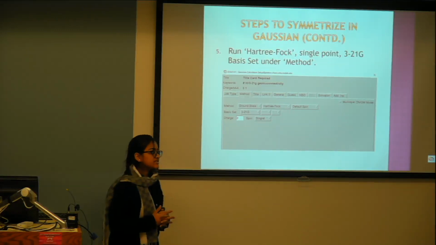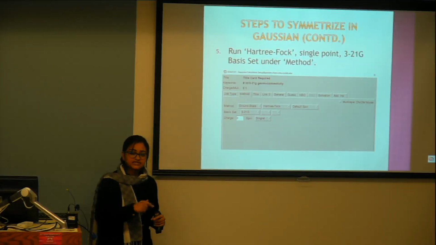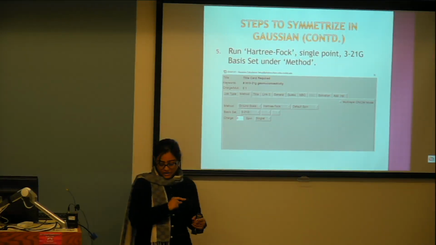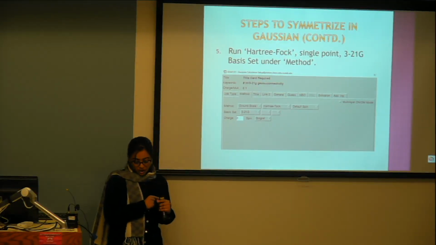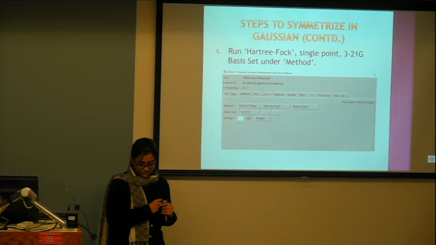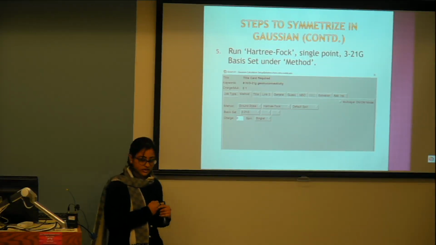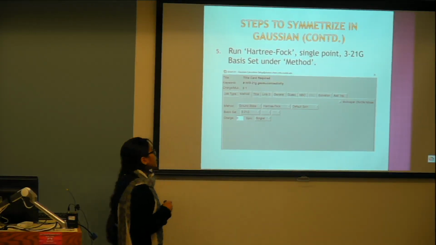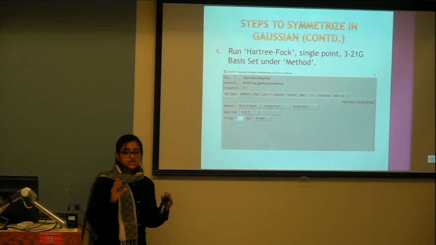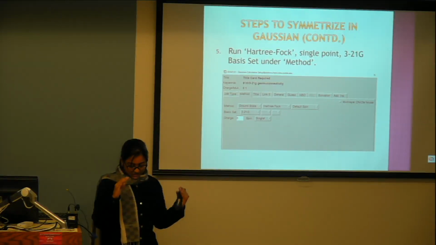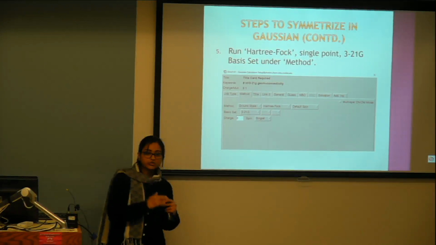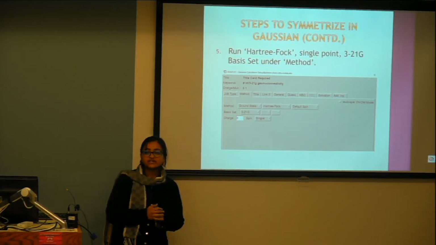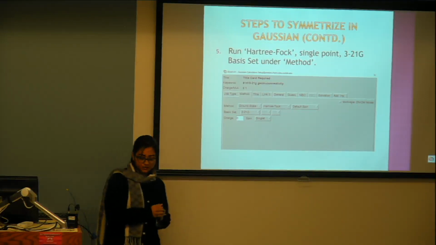So what the scientists did is they applied the double zeta basis set to the outer orbital, and to the inner orbital they applied a single Slater orbital, or the STO theory, the Slater type orbital theory. The combination of double zeta basis set for the outer orbital and single Slater orbital theory for the inner orbital is known as a split valence basis set, and this is what we are applying.